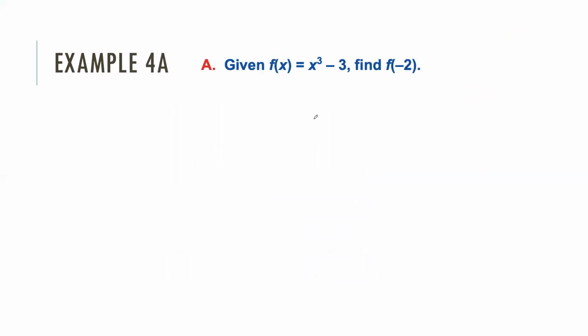Here we have example 4a, given that f of x equals x cubed minus 3, find f of -2. So a couple of things just to know. Here we have f of -2. So this is what we call function notation. You may have heard of it before, but I'm going to briefly review it in case you forgot about it.